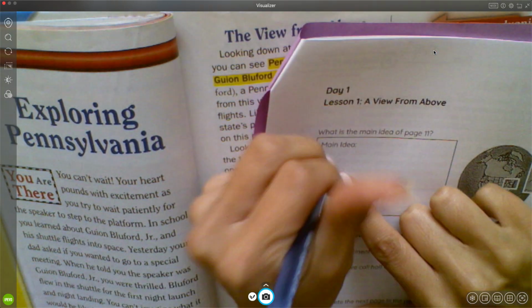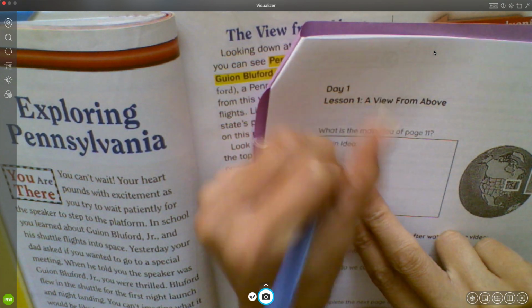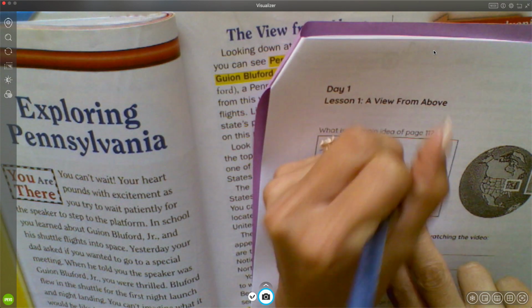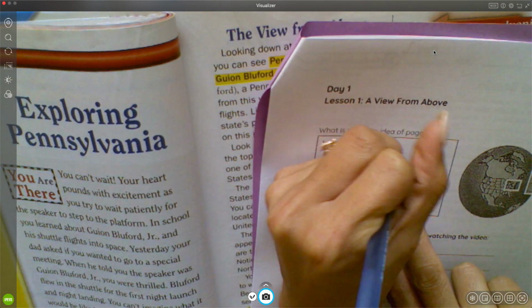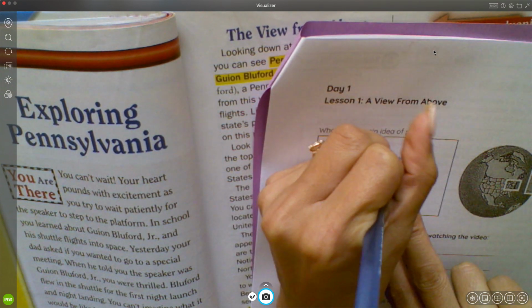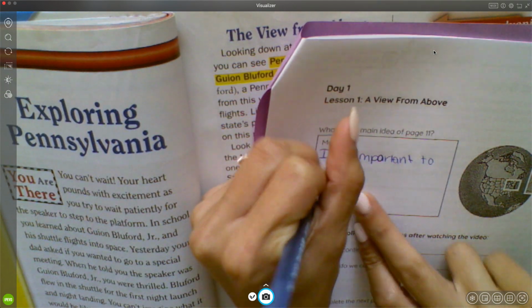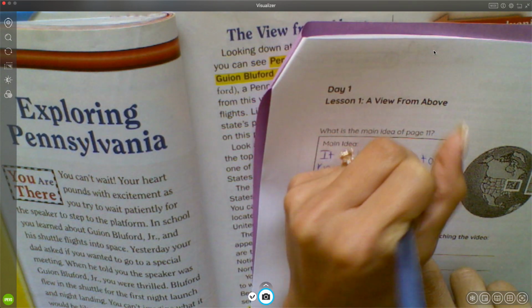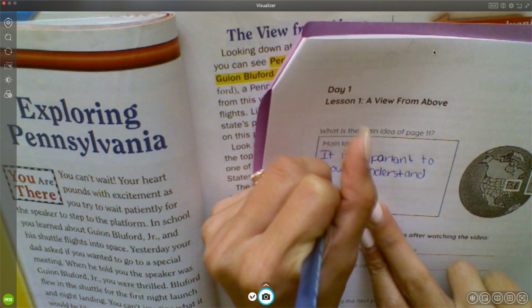So I might write down for the main idea, and I want you to write this down. It is important to know and understand where Pennsylvania is located.